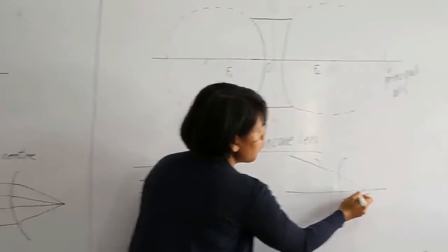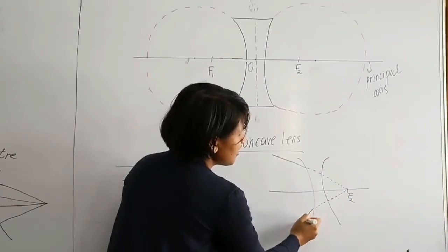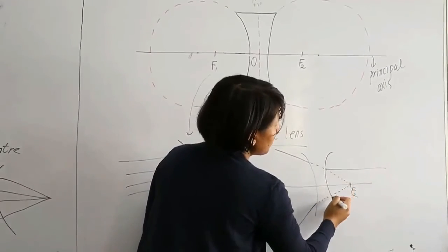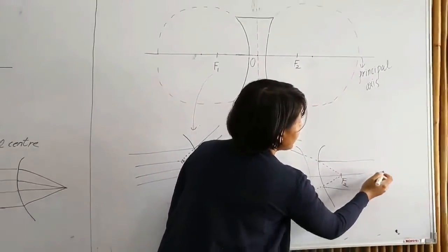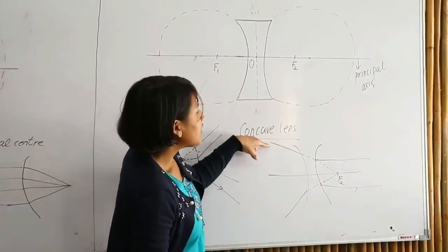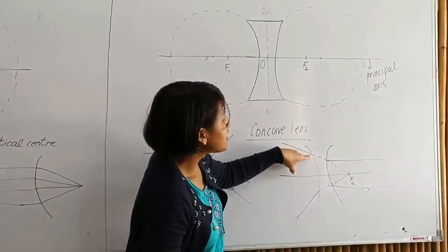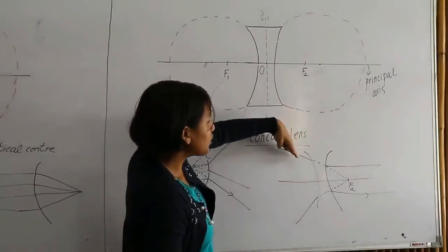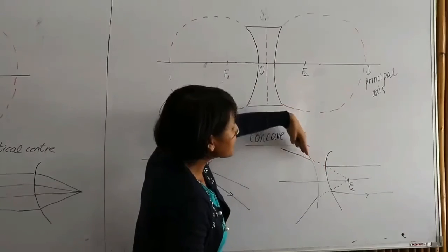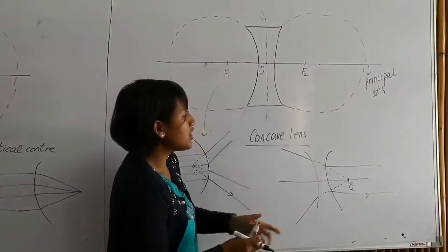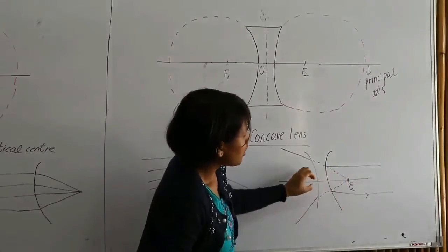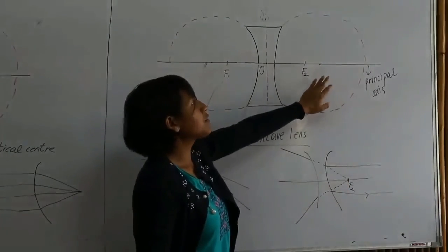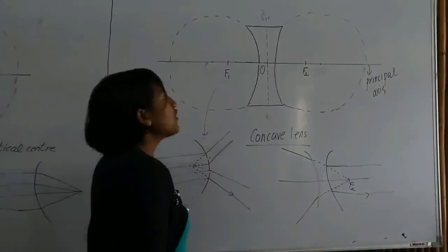As a result of refraction, when they pass through the lens, they will become parallel. But when you extend these incident rays, they seem to be going to this F2, that is the second principal focus of the concave lens.